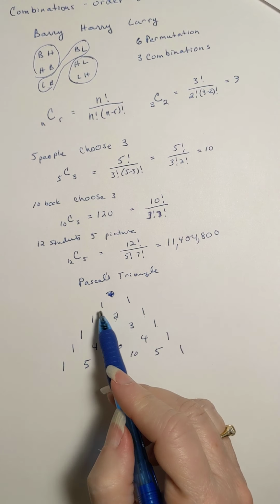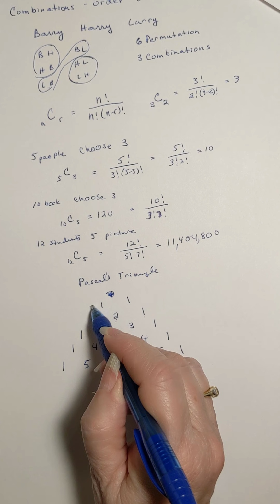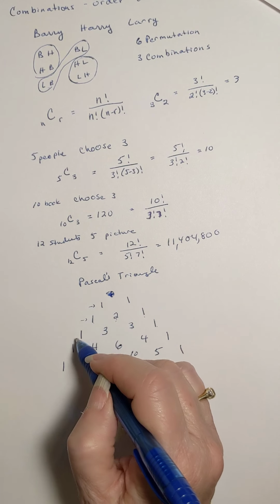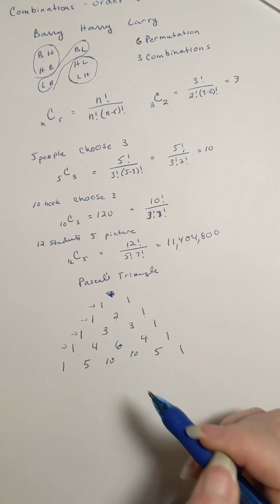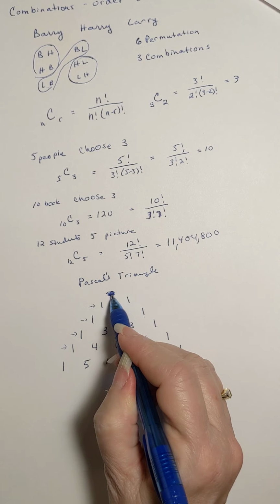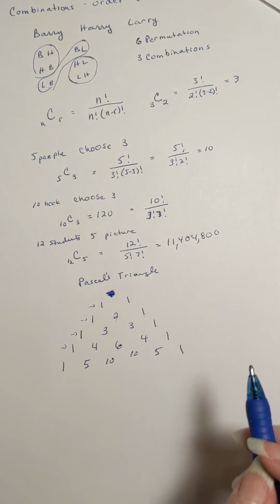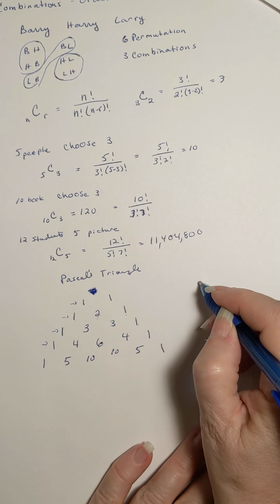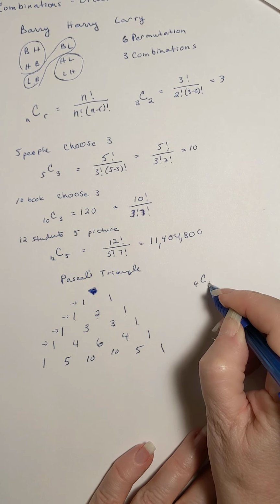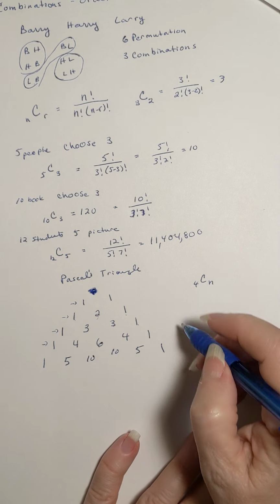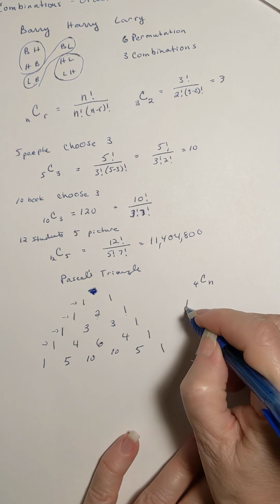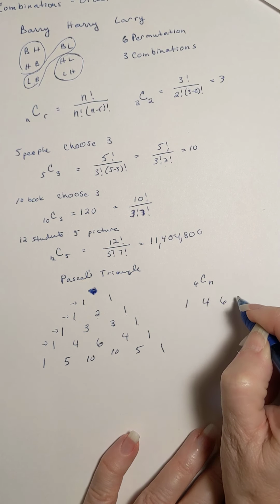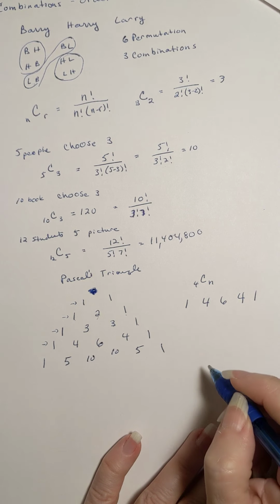Now, let's look at the 4th row. Okay? Don't put a little 1 at the top. Just start with 1, 1. All right? So the 4th row tells us combinations of 4, choose some number. So if I look at this row, it's 1, 4, 6, 4, 1.